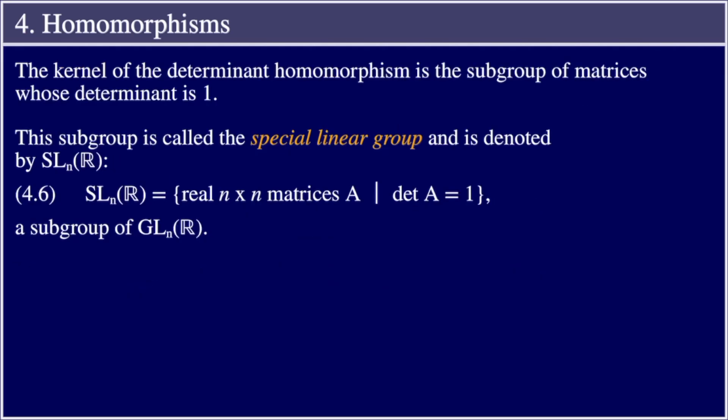The kernel of the determinant homomorphism is the subgroup of matrices whose determinant is 1. This subgroup is called the special linear group and is denoted by SL_n(R). 4.6. SL_n(R) equals the set of real n by n matrices A such that the determinant of A is equal to 1, a subgroup of GL_n(R).